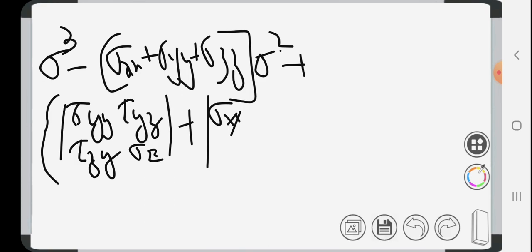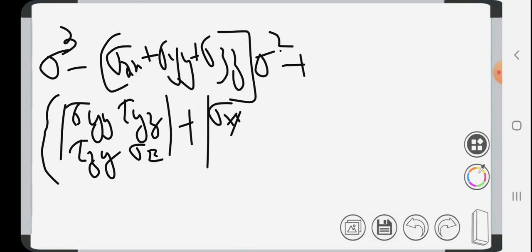Here y means y itself, x means x's, z means z, so you don't get confused. Sometimes I will write just sigma. In the case of sigma, it is not required to write sigma xx or sigma yy or sigma zz. If you have written sigma x, it is understood that it is sigma xx itself.